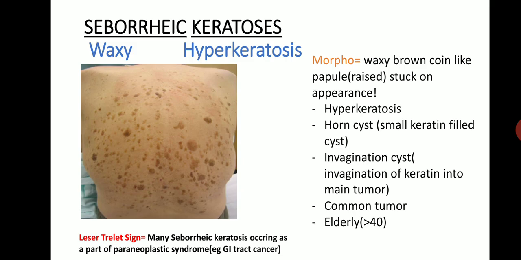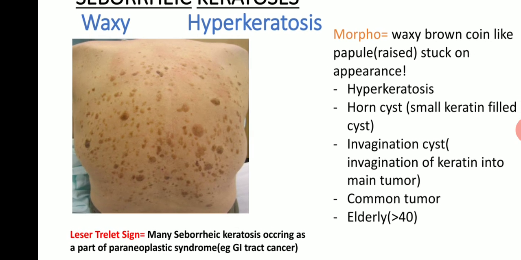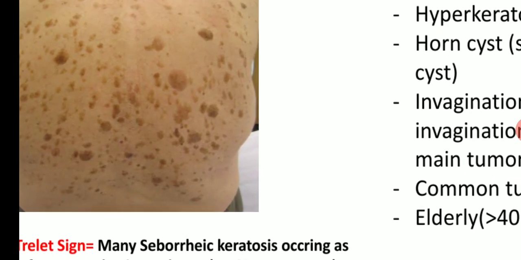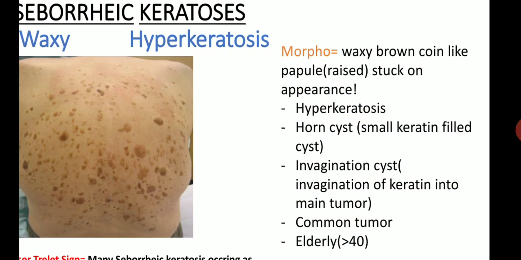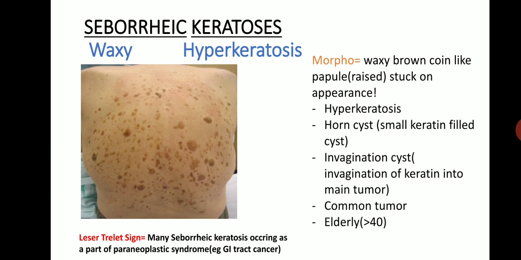If you see in the picture, it's a waxy brown coin-like lesion giving a stuck on appearance. That means that it looks stuck on the skin. And since the word here is keratosis, which means hyperkeratosis, it shows hyperkeratosis.